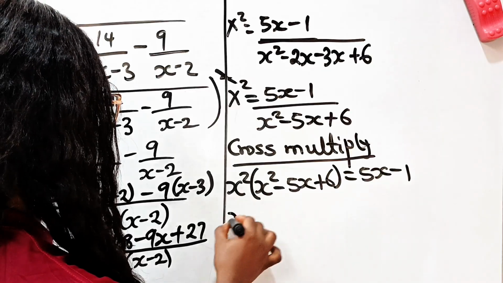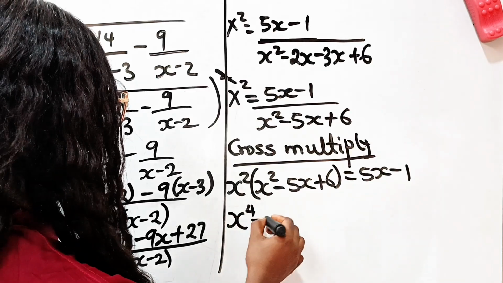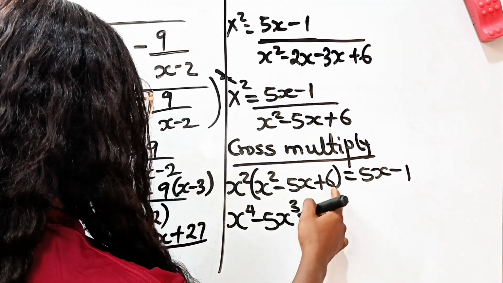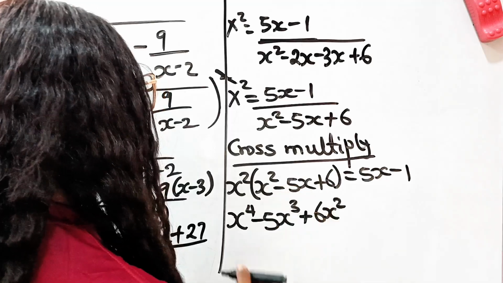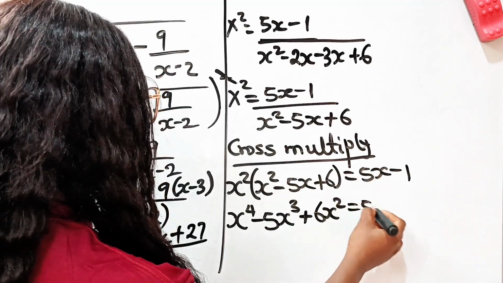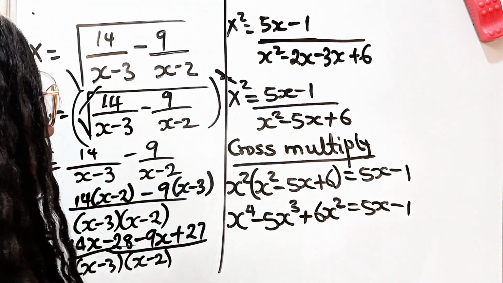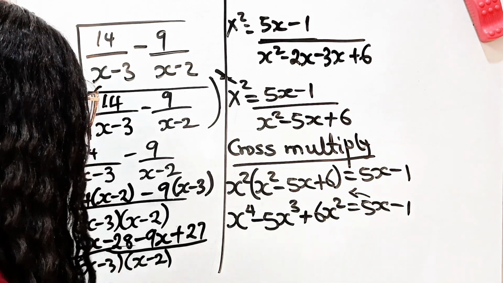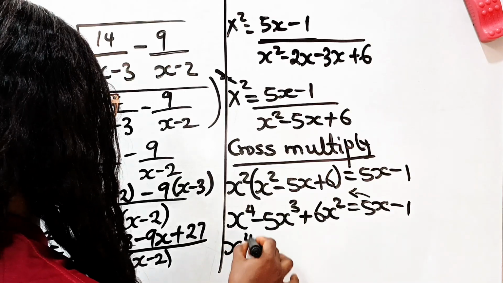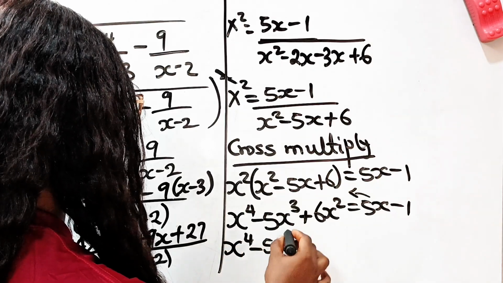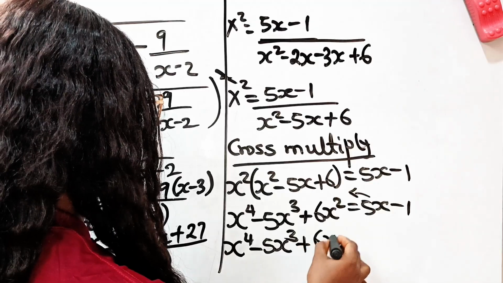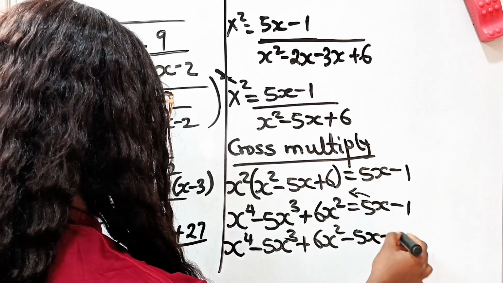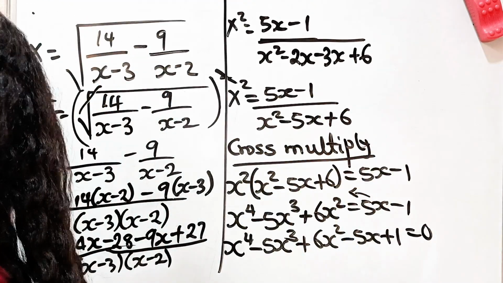X squared times x squared is x to the power of 4, minus 5x to the power of 3, plus 6 times x squared is 6x squared. Then is equal to 5x minus 1. Let's transfer everything to this side. If we do that, we have x to the power of 4 minus 5x to the power of 3 plus 6x squared, then this will become minus 5x and this becomes plus 1 is equal to 0.